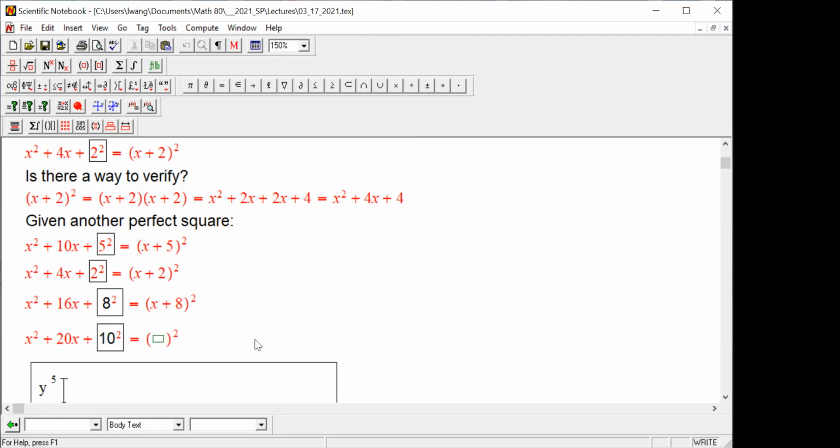We can always verify it, right? So you project a number and we can verify that, can we? You just take x plus 10 squared, you FOIL, what do you get? What do we get? Could you FOIL that for me?